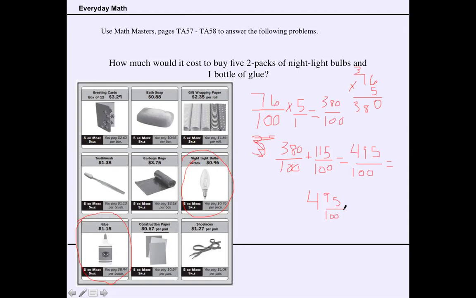So I know that 4 and 95 hundredths is the same as saying 4 whole dollars, 4 wholes, and 95 cents. 95 out of the 100 cents that make up a dollar. So there's my answer, $4.95.